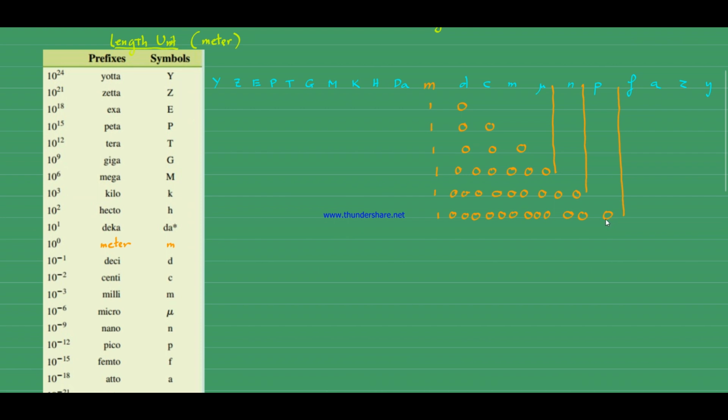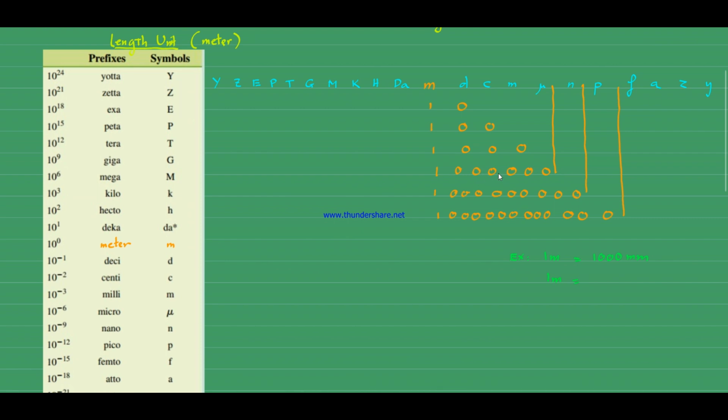So from here we can write one example only. 1 meter is equal to 1,000 millimeters, or 1 meter is 1 billion nanometers.